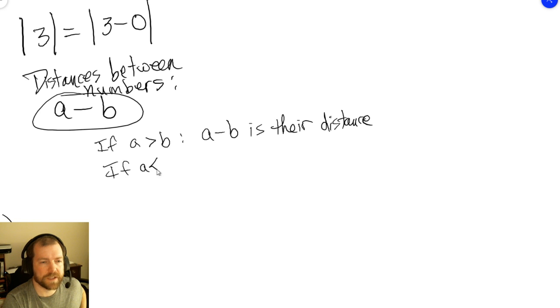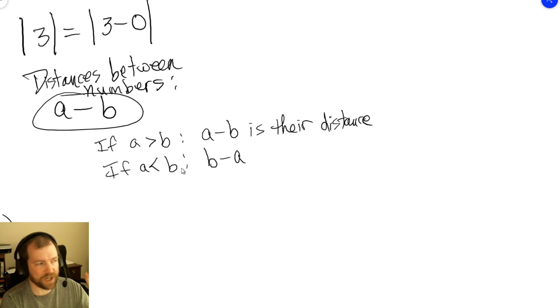If A is less than B, then their distance is going to be represented by B minus A, because again, distance is considered a scalar value. It doesn't include direction. We only care about the size of this number, the size of this difference.